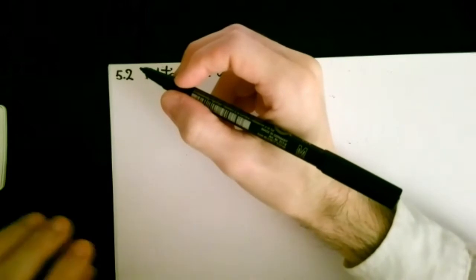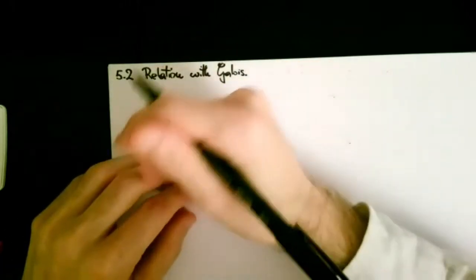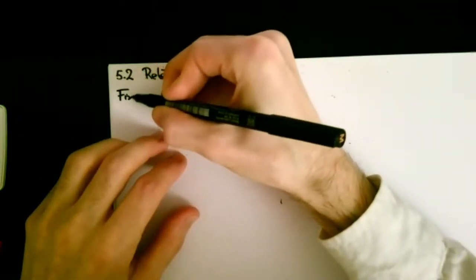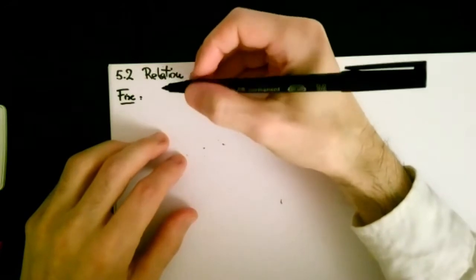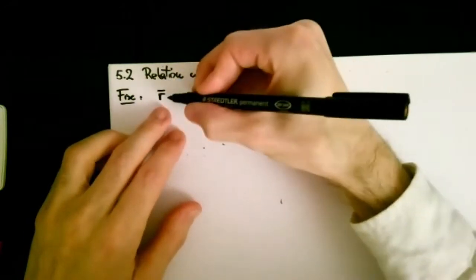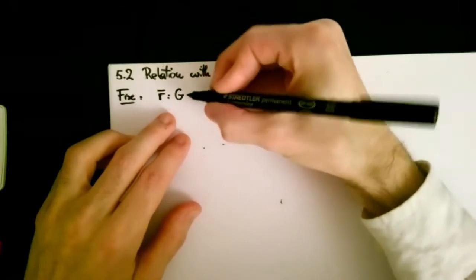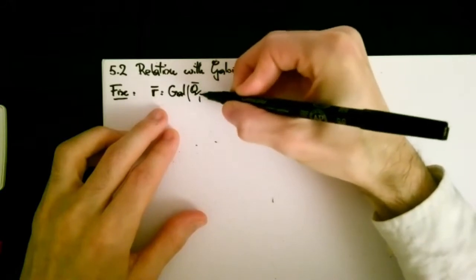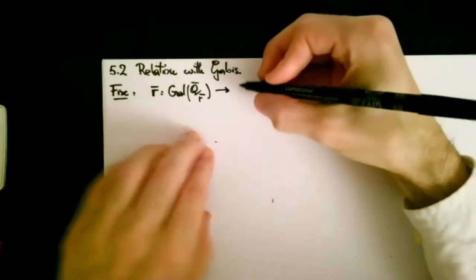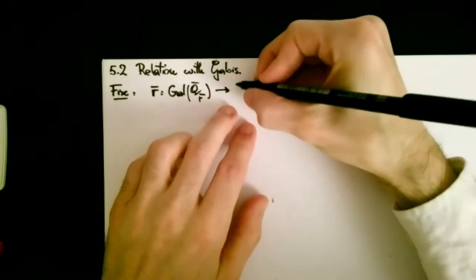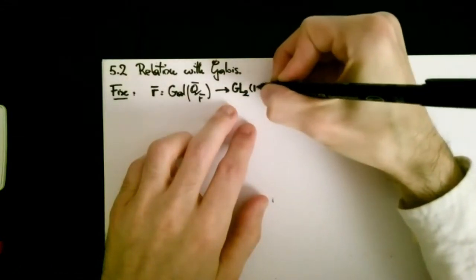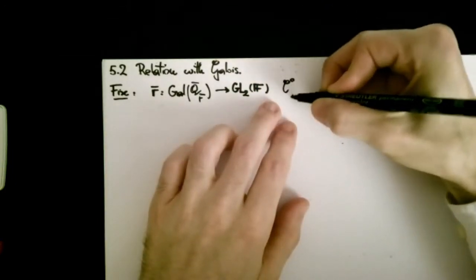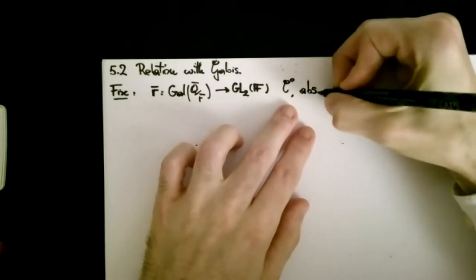We fix once and for all a continuous Galois representation from Gal(Q bar over Q) to GL2(F), which we assume is continuous, absolutely irreducible.